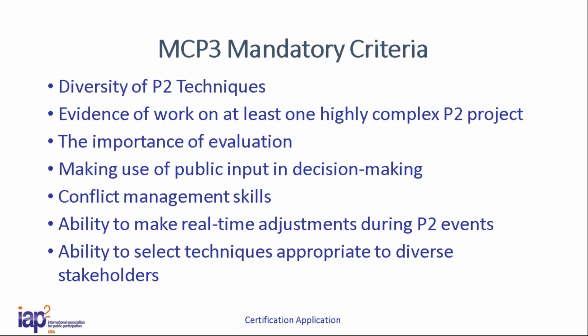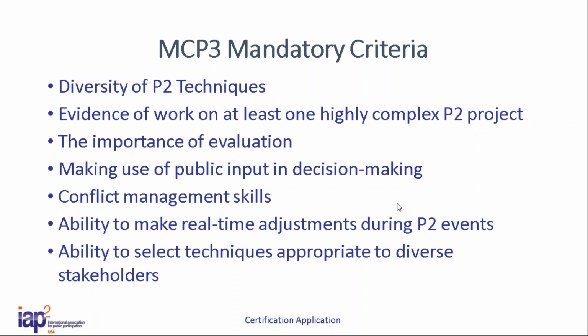The 7 include demonstrating that you've worked with even more techniques. You'll recall that the CP3 level requires only 10 techniques in 3 levels of the spectrum. For the master's level, we're looking for 10 more techniques and at least 4 levels of the spectrum.